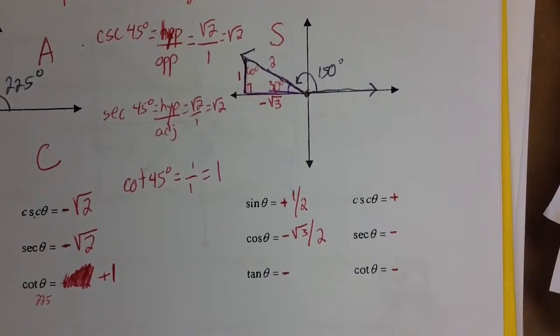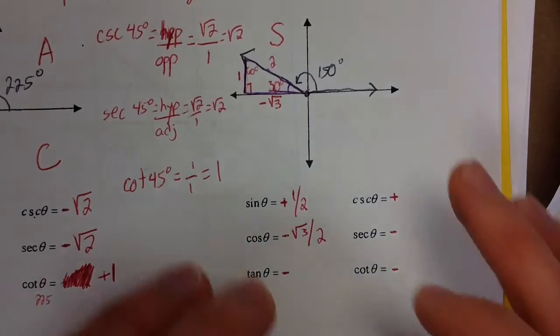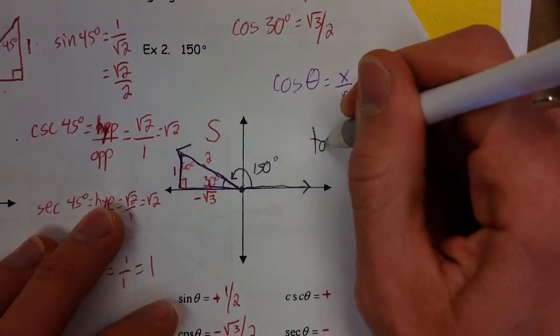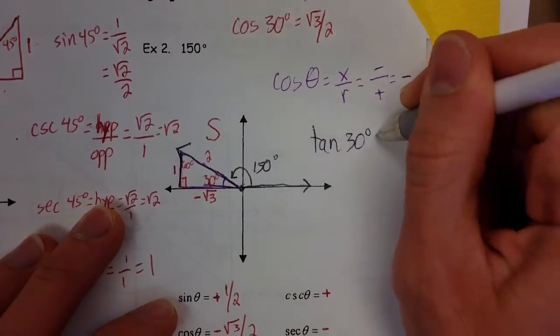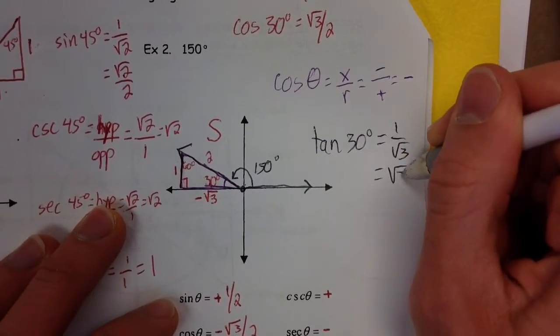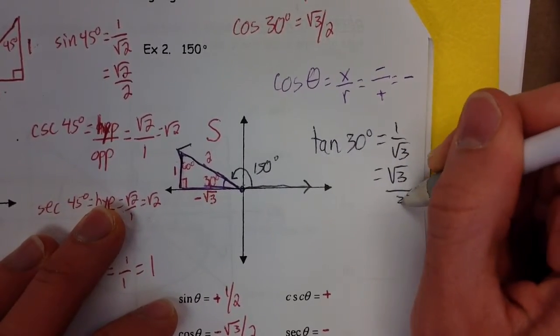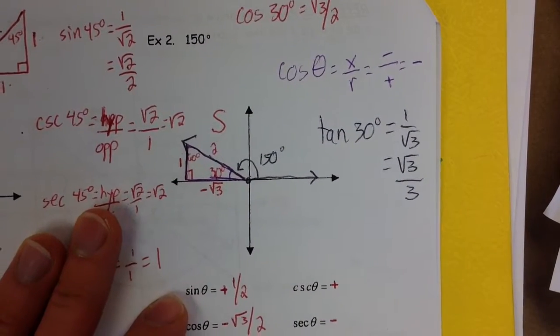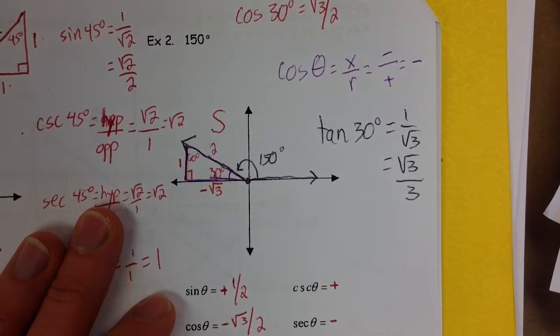Okay, Terry, please tell me the tangent of 30 degrees. Very good. Root 3 over 3. So if you can find the tangent of 30 degrees, you can find the tangent of 150 degrees. The only thing that might change is the sign.